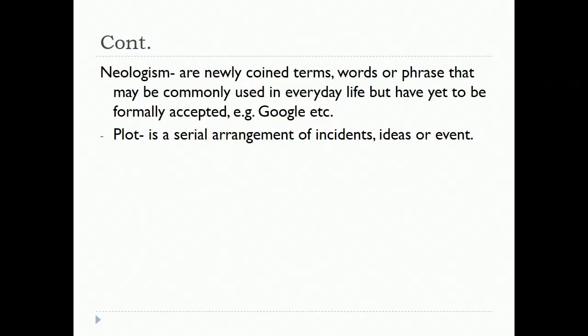Here I gave you the example of the word Google. This Google came with the technology of the computer. We didn't have this type of term, but the moment we got the computer, there are some words that are used when people are talking about a computer system, about the internet. Google is one of the words that you can say is a new word because it just came with the development of technology.